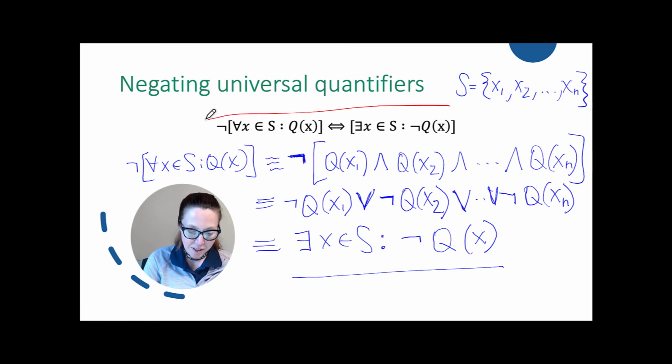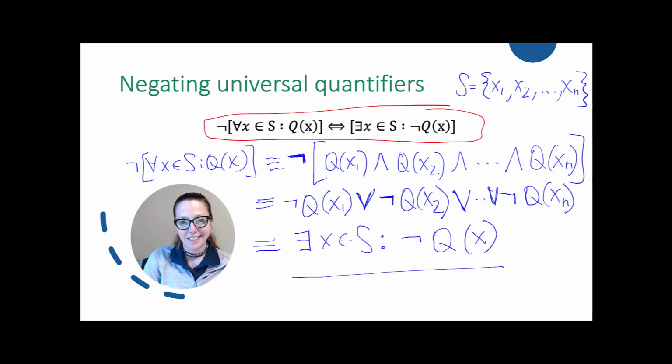And so that returns us to where we wanted to get, and that is that the negation of for all x in S, q of x is true, is equivalent to saying that there exists an element such that q of x is false, or that the negative of q of x is true. So the way that we obtain a false value for for all x, q of x, is we find at least one x that doesn't meet that criteria.